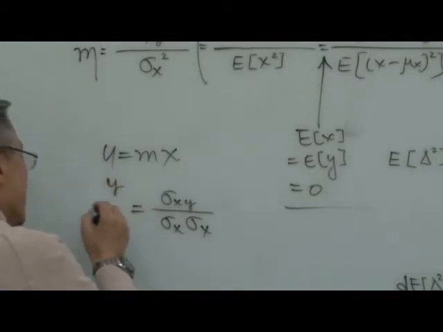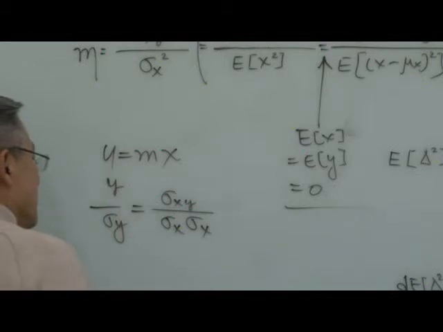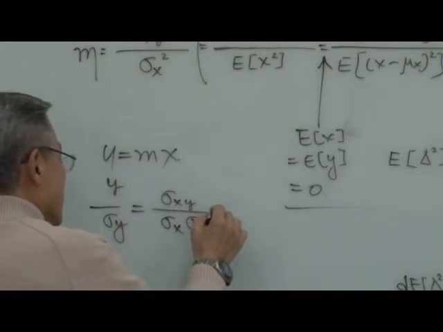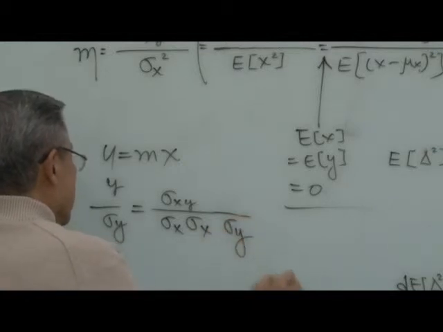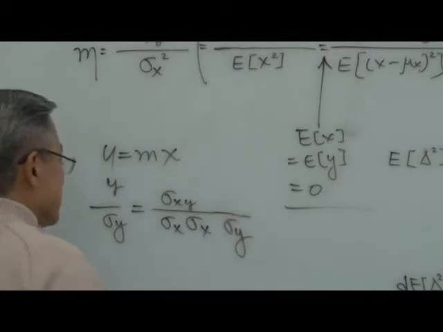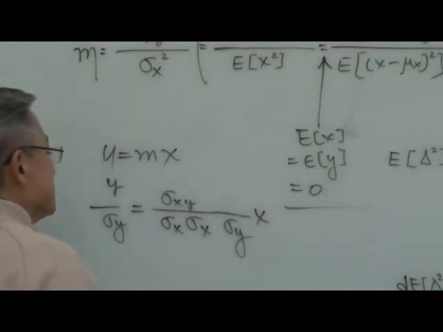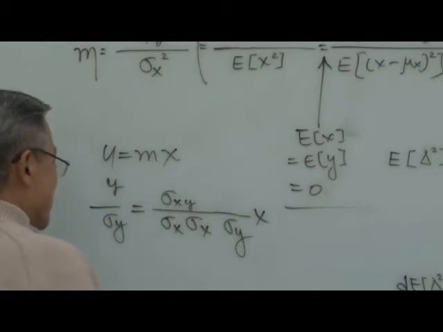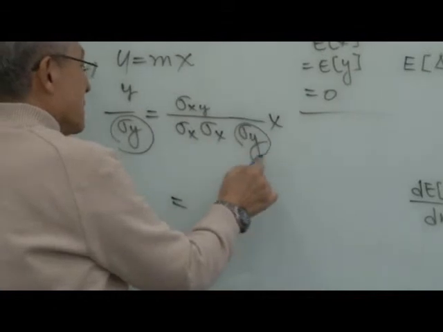This is y. I can write it divided by sigma y. Then if I do that, I have to write this guy right here. You see, I simply put the dummy together.